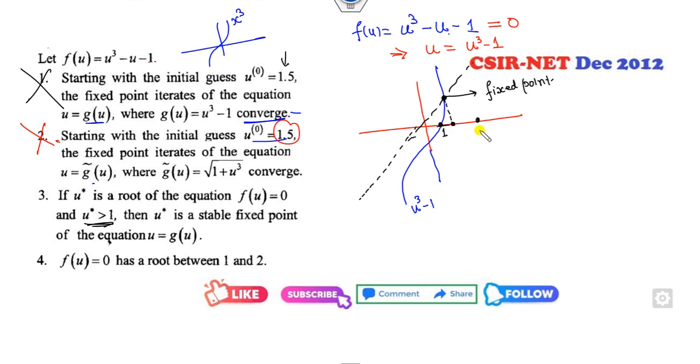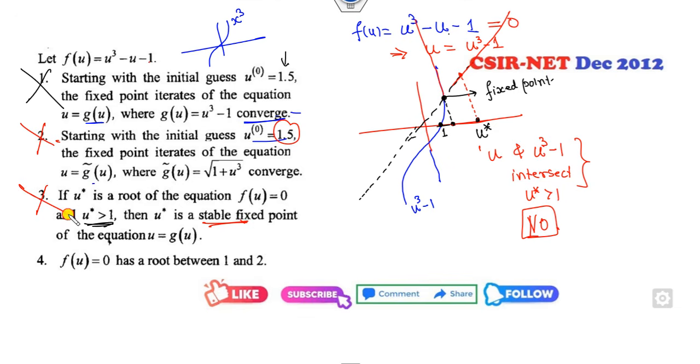Now u star will lie here. u star will be any point which is greater than 1. So I can consider this point. Now you can see the graph of x cube minus 1 here, and y equal to x. Can u and u cube minus 1 intersect each other at a u star which is greater than 1? For any u star greater than 1, can these two intersect? No, these points do not intersect, so it means they are not a stable point.